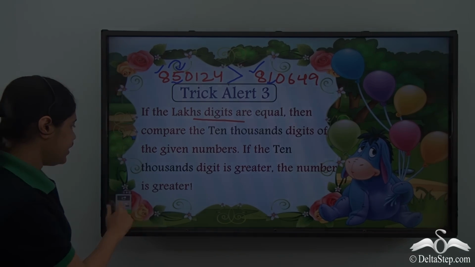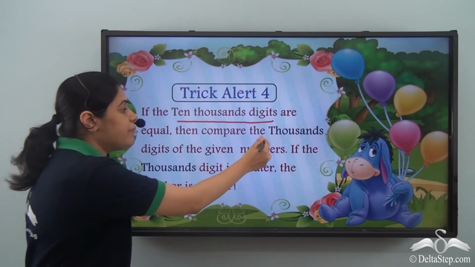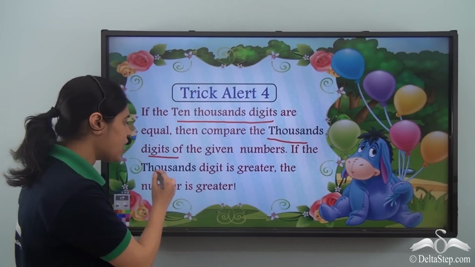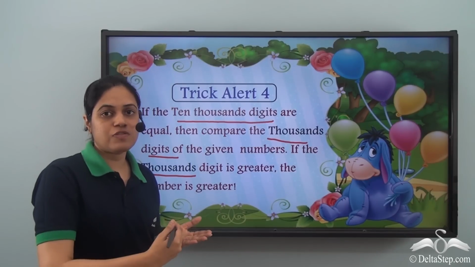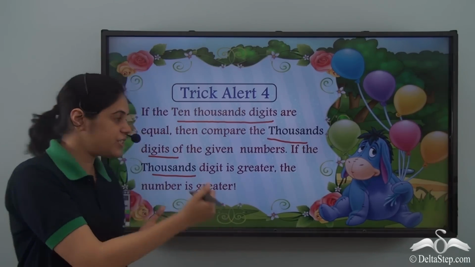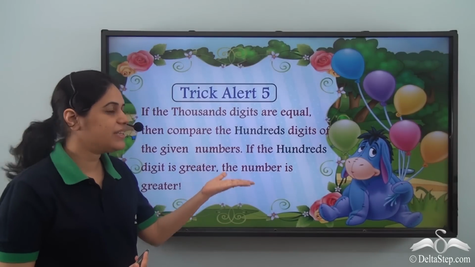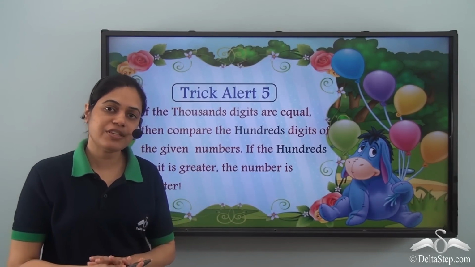Similarly, if the 10,000 digits are also equal, then compare the thousands digits. The number with a greater thousands digit will be greater. Again, after the thousands digit, I have the hundreds digit. If the thousands digits are also equal, then we move to the hundreds digits and compare them.